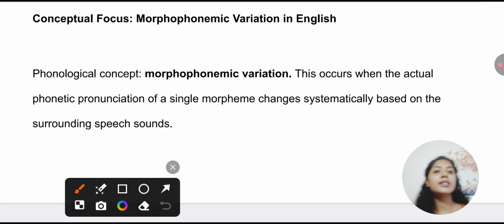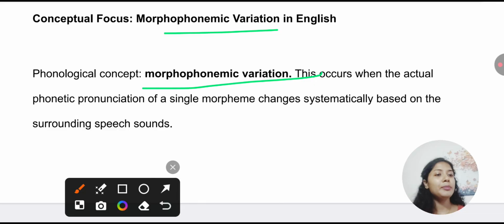So now let's understand what is morphonemic variation in English. इतना डीप जाने की we don't need.